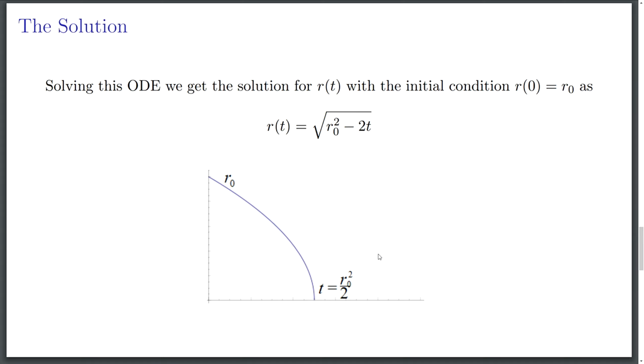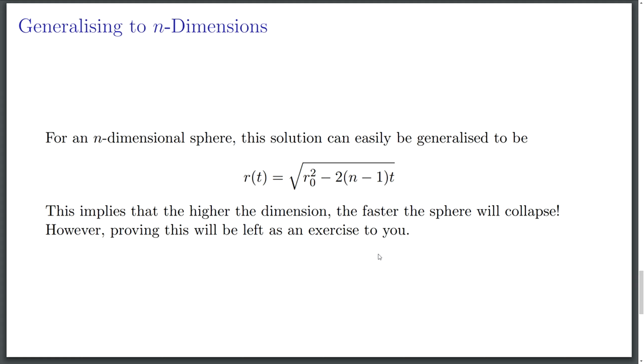And also this, and I'll leave this as an exercise, could be generalized for n dimensions, where the only difference is that you get a factor here of n minus 1 for an n-dimensional sphere, and here's the dimension. So what this tells us is that the higher the dimension, the faster the sphere goes extinct. Now obviously one would need to prove this.